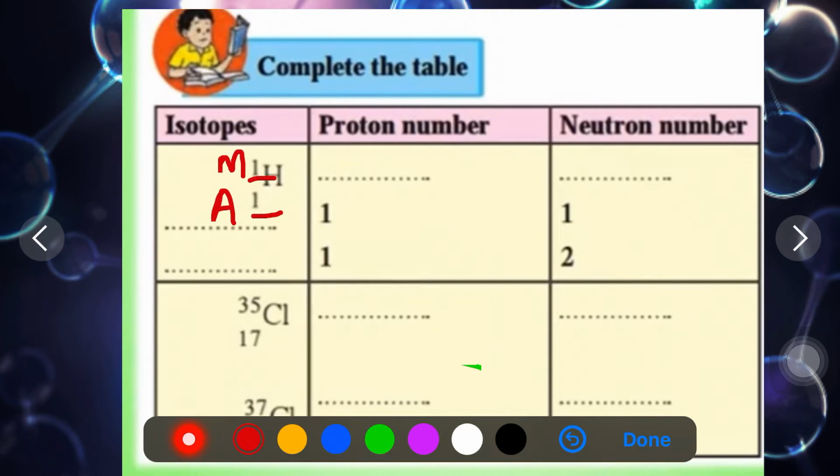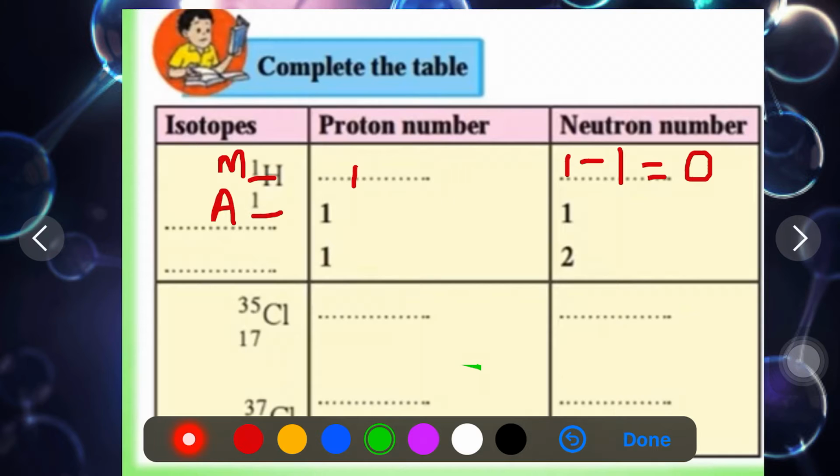So first, proton number will be 1, and the neutron number we are going to find by substituting the values, that is 1 minus 1 will be 0. So here the first will be a dash. Second, the isotope is not given, but proton number is given as 1.